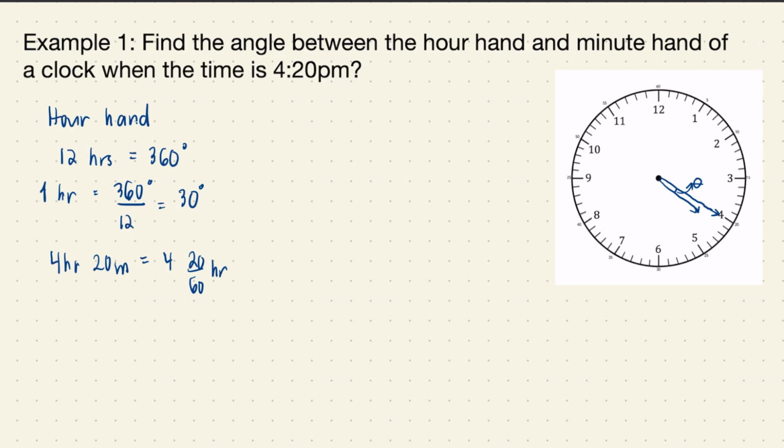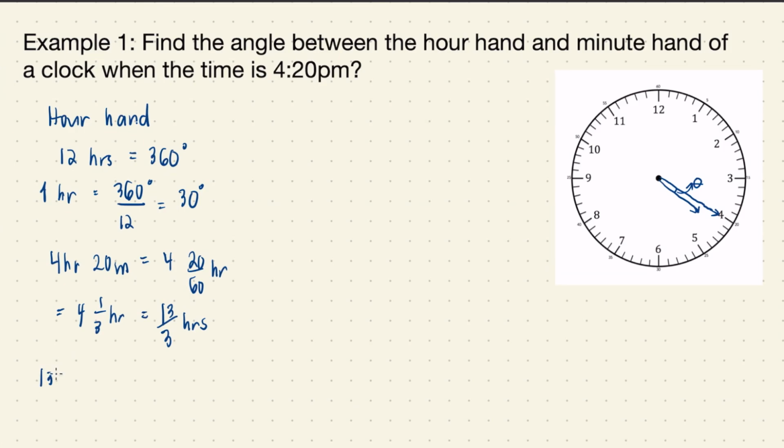When you simplify, that is 4 and 2 over 6, which is 1 over 3, so 4 and 1/3 hours. Written as an improper fraction, that gives you 4 times 3, 12, plus 1, 13 over 3 hours.